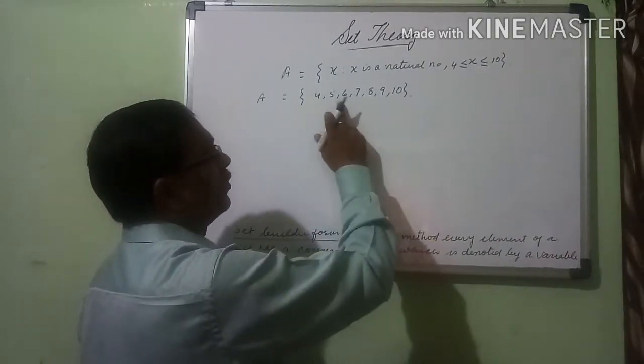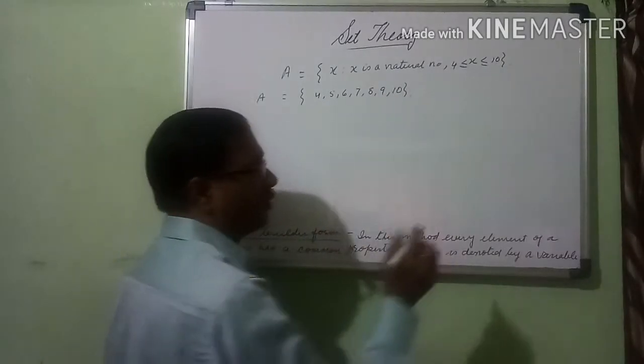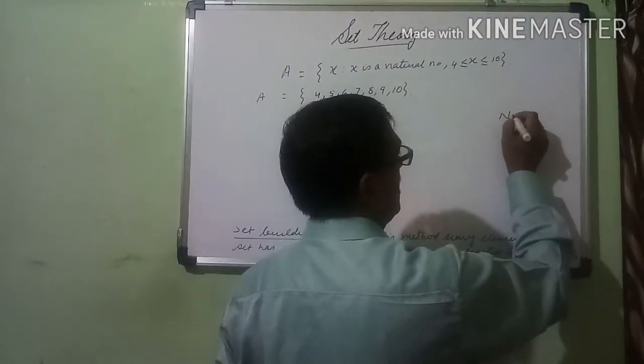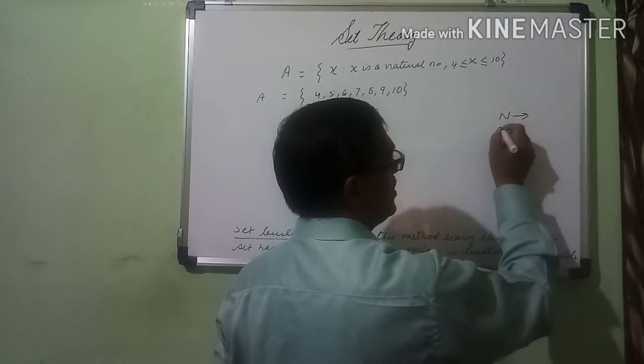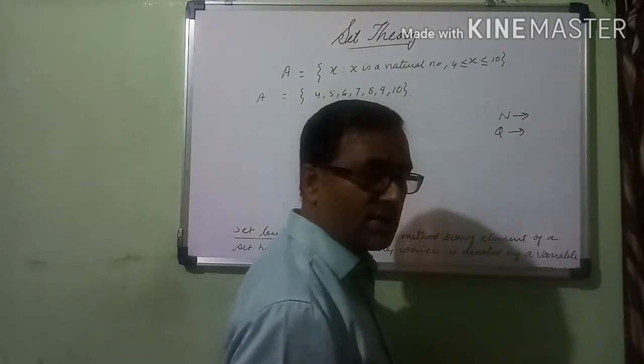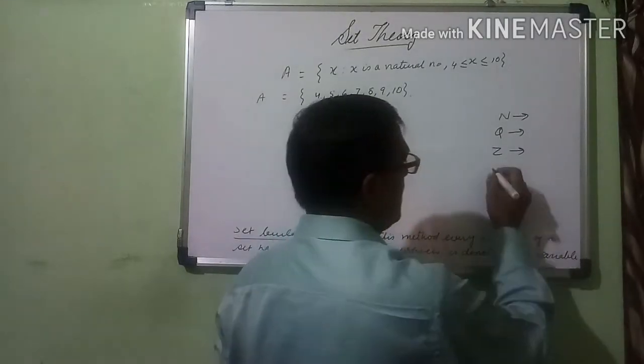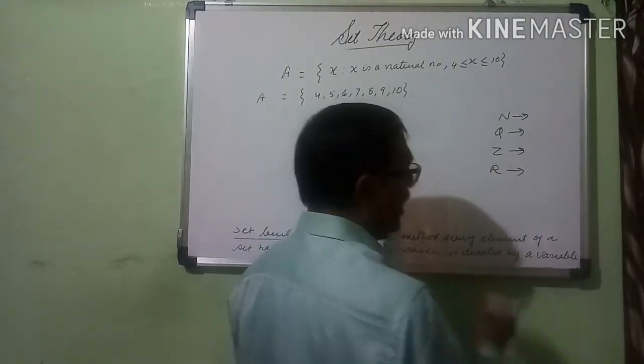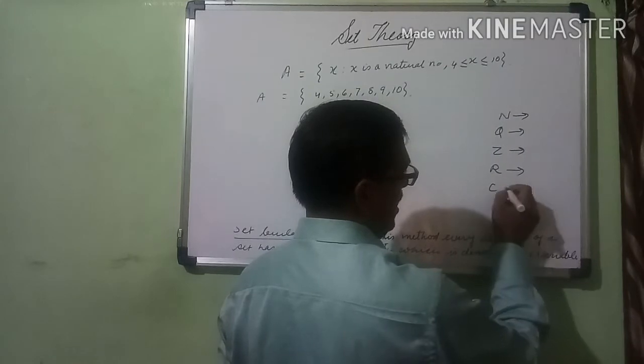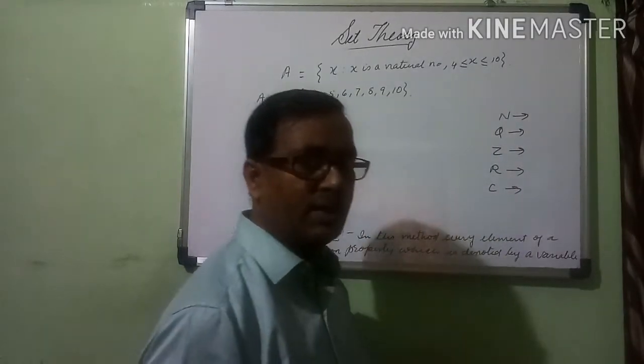So this is 4, 5, 6, 7, 8, 9, 10, and I would like to say this N stands for what? Natural number. Q stands for what? Rational number. Z stands for what? Integers. R stands for what? Real number. And C stands for what? Complex number.